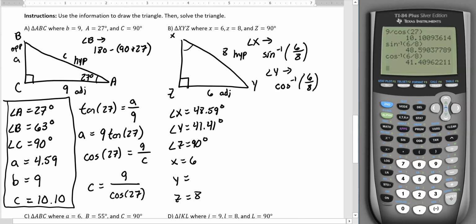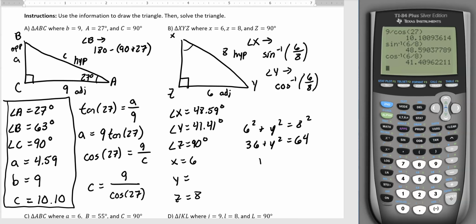Fantastic. Now to find side y, we can use Pythagorean's theorem. So we'd say x squared plus y squared equals 8 squared. So 36 plus y squared is 64. 64 minus 36 would be 28.